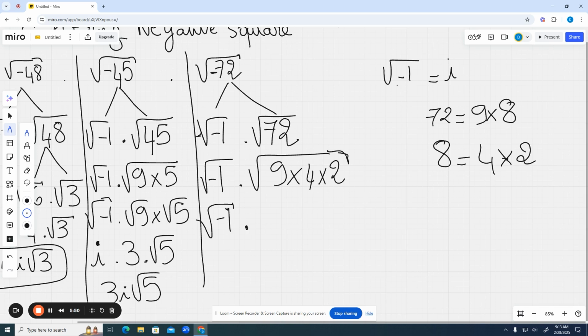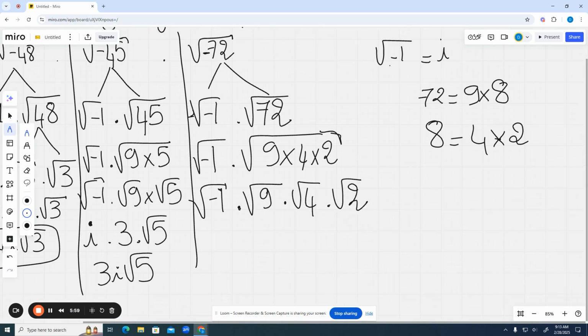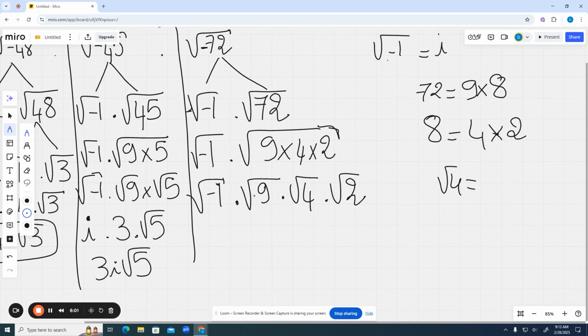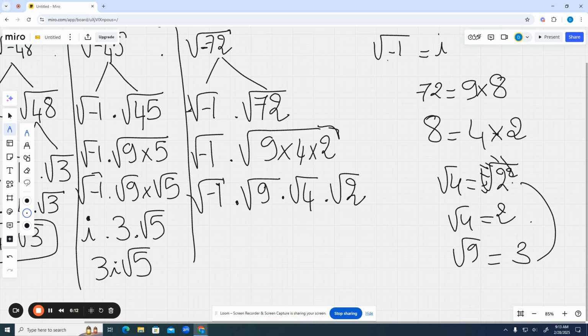So this is going to be the square root of 9 times the square root of 4 times the square root of 2. And we know that the square root of 4 is the square root of 2 squared. This is going to cancel the square root, so we're going to end up with 2. And the square root of 9 is just 3. We're doing the same method: the square root of 3 squared, and the square cancels the square root, and we end up with 3.